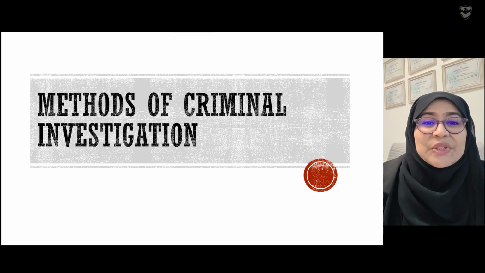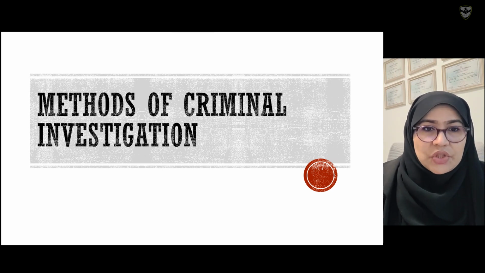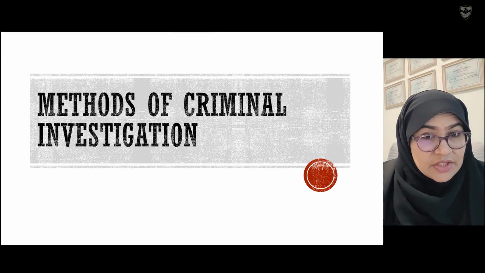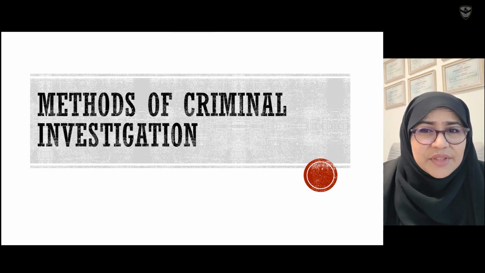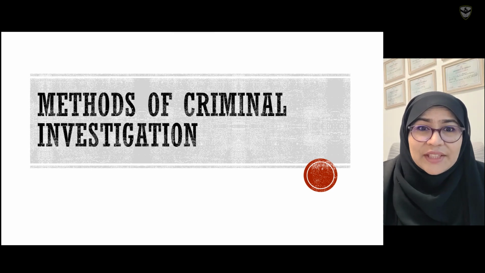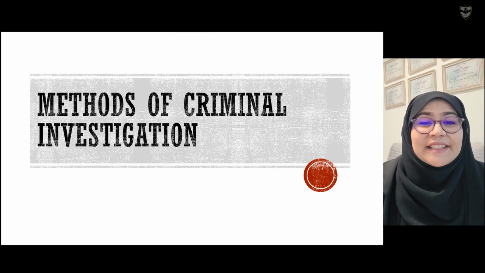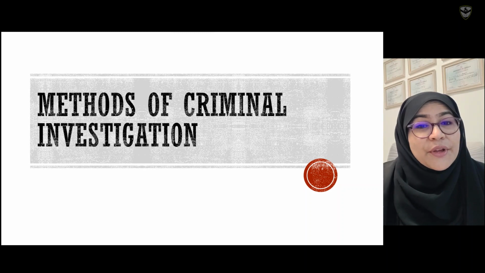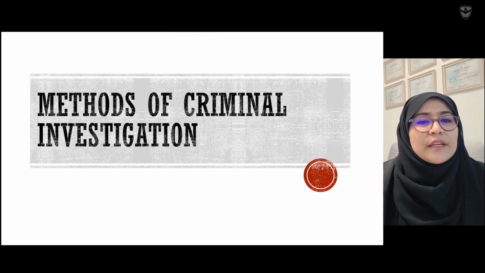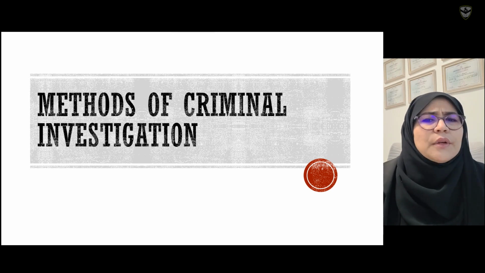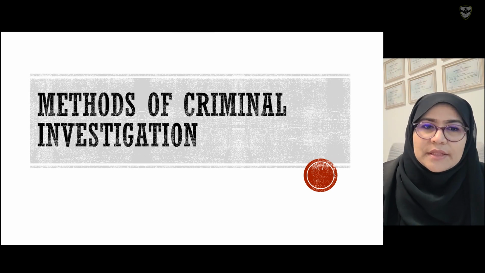Now let's see the literal meaning of the term investigation. When we hear the term investigation, it gives us some sort of thrill that we are going to find something, isn't it? Similarly, the definition of investigation is conducting a search for facts or materials to find out whether any offense, cognizable or non-cognizable, has been committed.